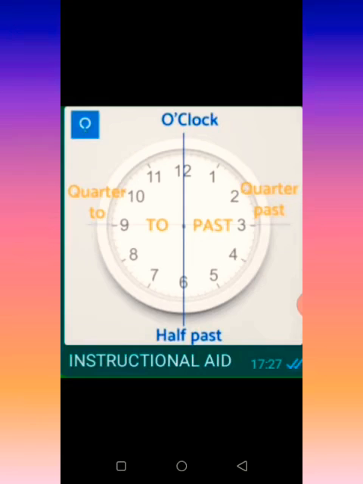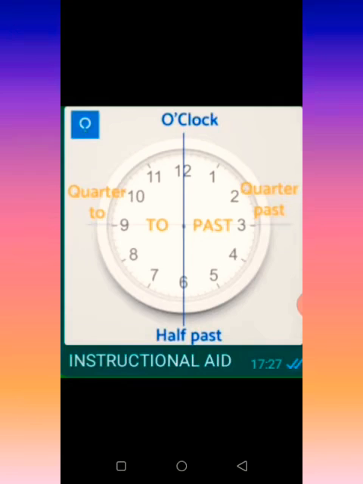Now, 15 over 60 will give you 1 over 4. That means 15 in 15 is 1, 15 in 60 is 4, and 1 over 4 is the same thing as quarter.